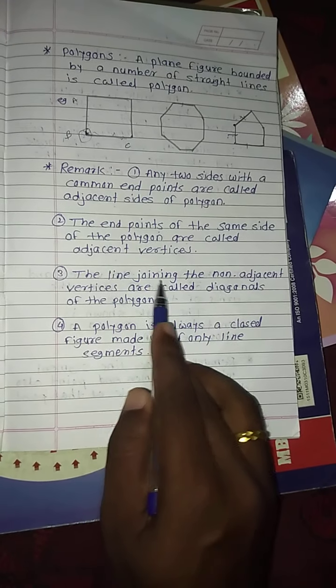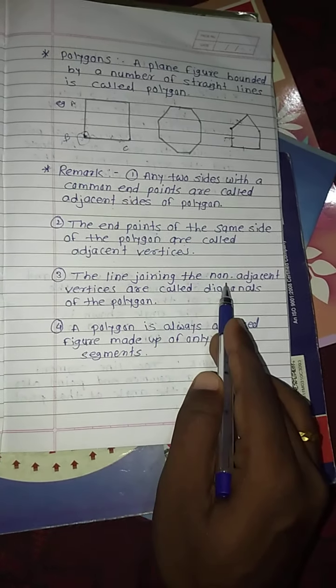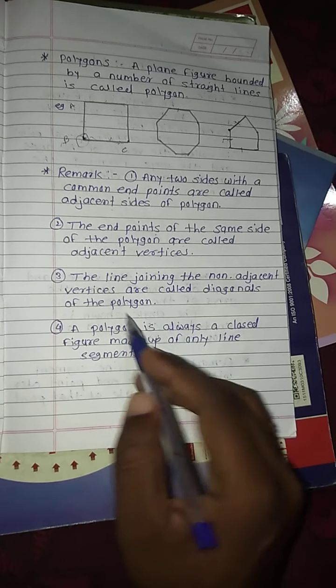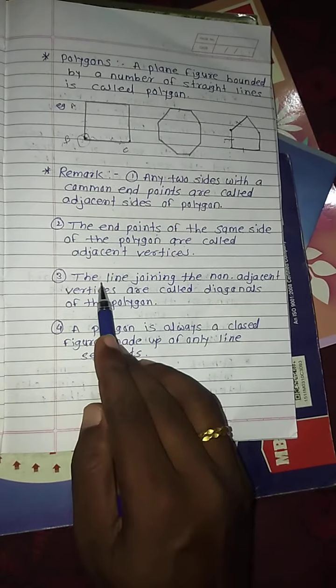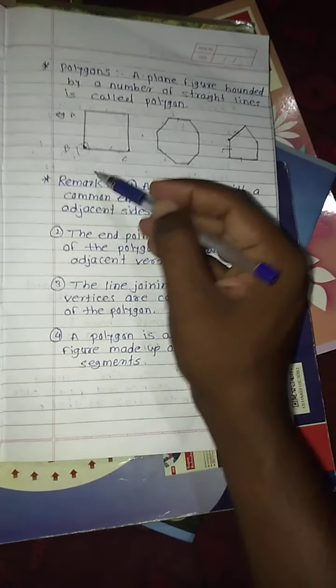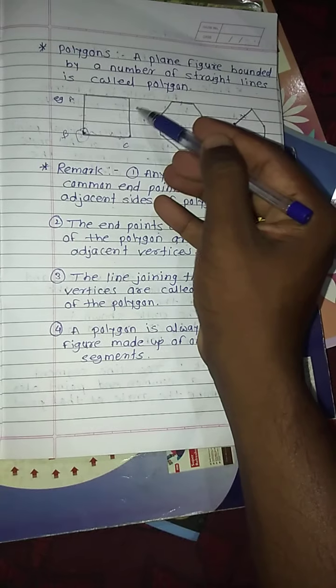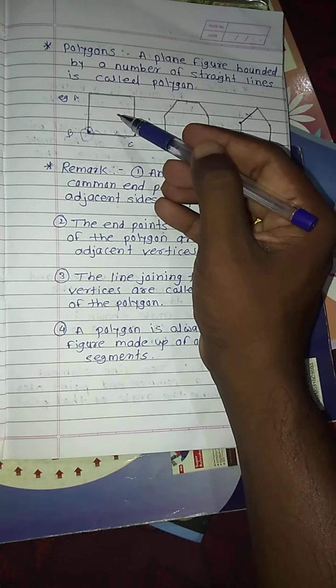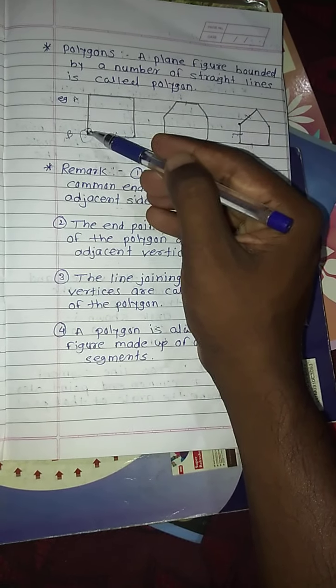The line joining the non-adjacent vertices is called a diagonal of a polygon. Means the line joining two non-adjacent vertices, this side and this side. These two sides are not adjacent to each other. Why? Because they don't have a common point.